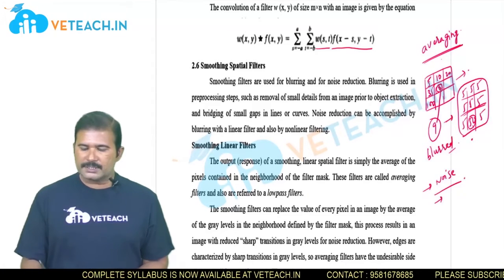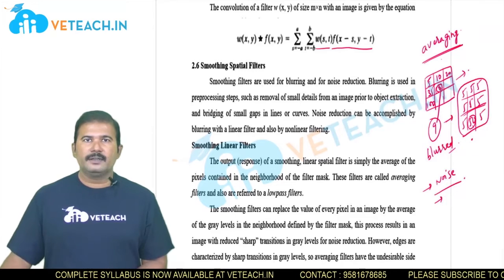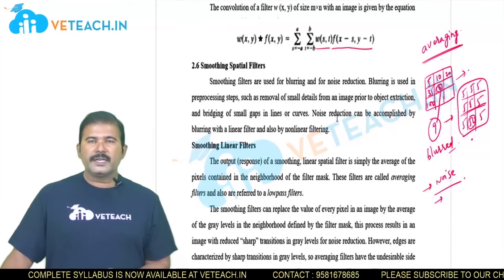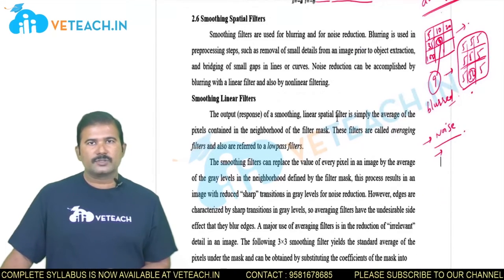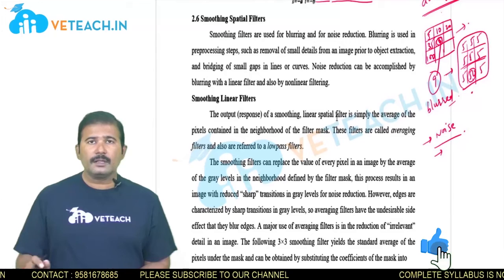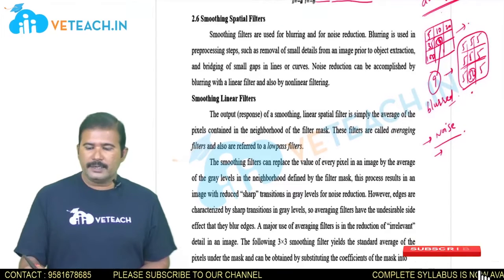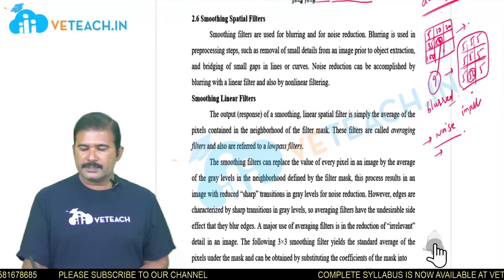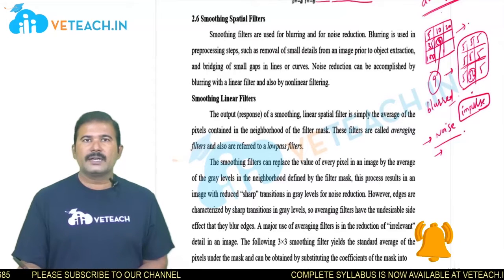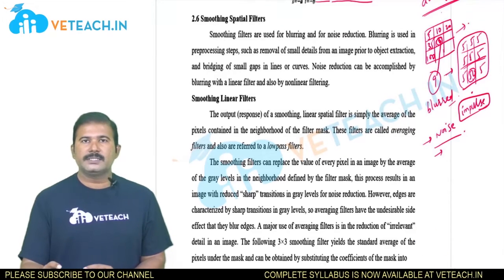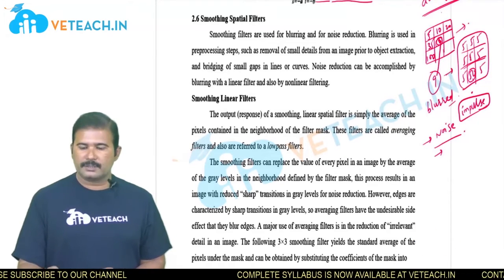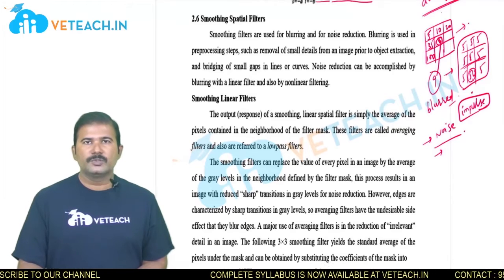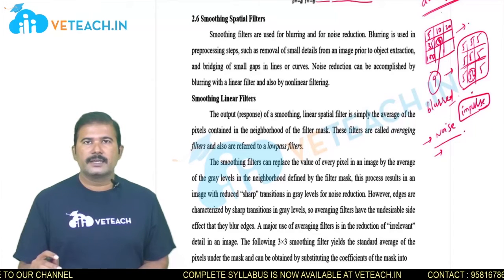This blurring operation is useful in reducing this kind of noise. The main application of averaging or smoothing filters is reducing noise, particularly impulse noise. Impulse noise occurs like this. But in order to reduce it, it comes at the cost of blurring the image; after applying this smoothing spatial filter, the image appears blurred.